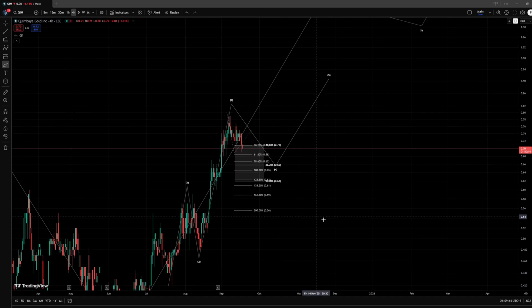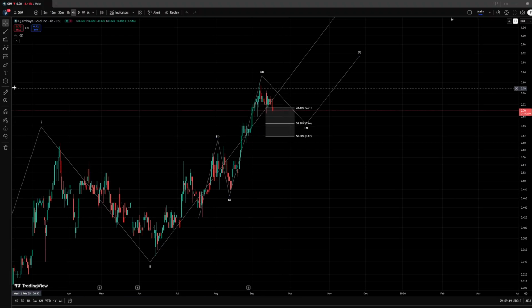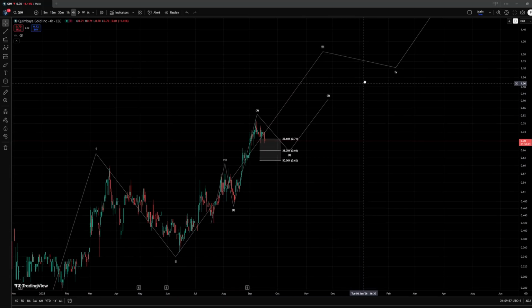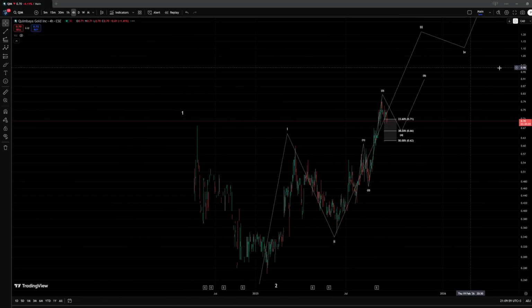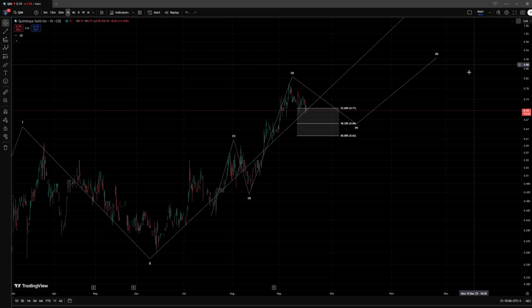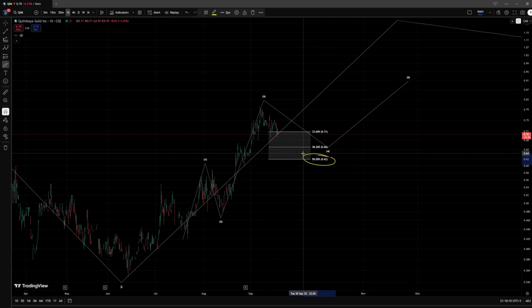But I will say that a break below the 50% retracement here would pretty much invalidate, well, not necessarily invalidate, but make the impulse that we are tracking here to the upside, where this is indeed developing as a wave 3, very unlikely.